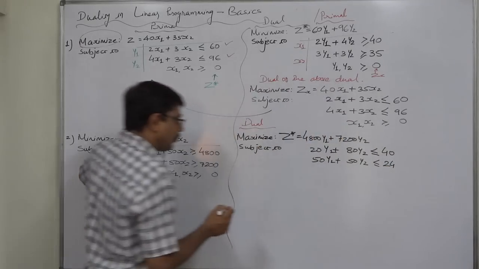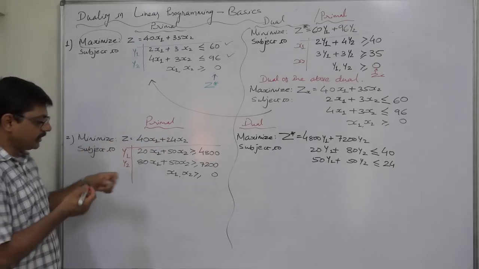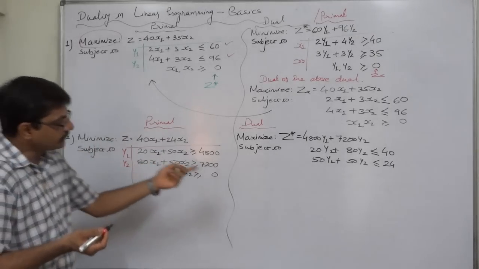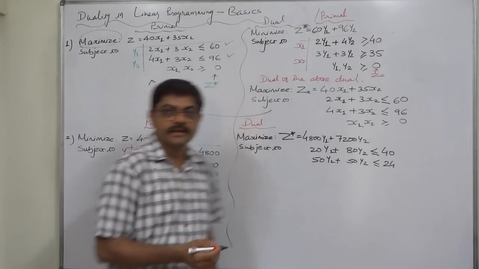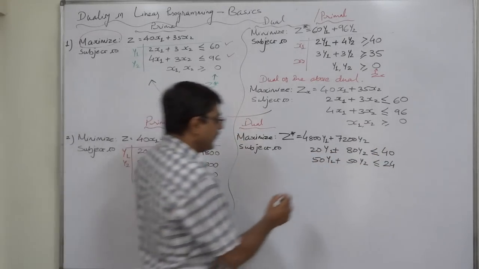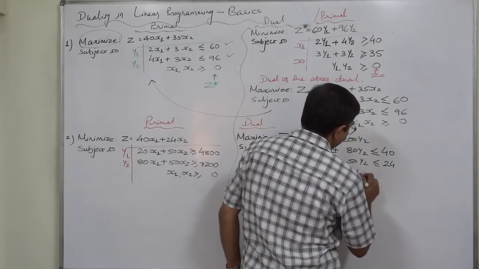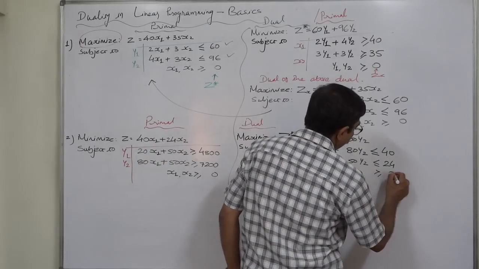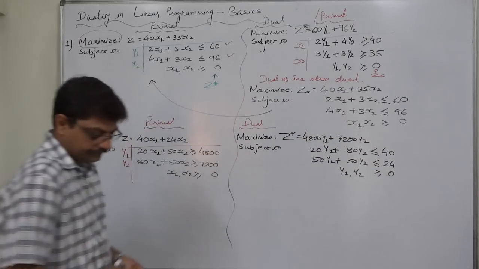The coefficient of the decision variable in the objective function in the primal becomes the right hand side value of the constraint in the dual. And here in this case y1 and y2 both are greater than or equal to 0, that is non-negative.